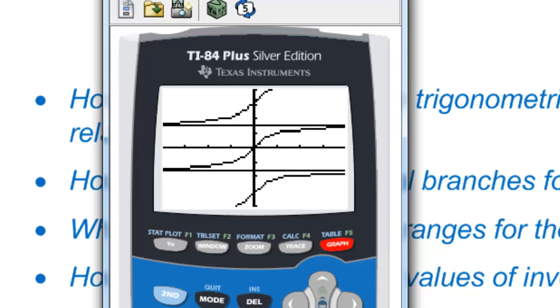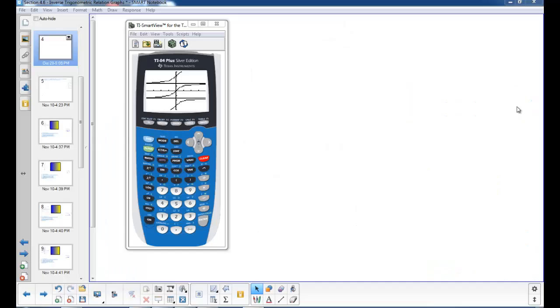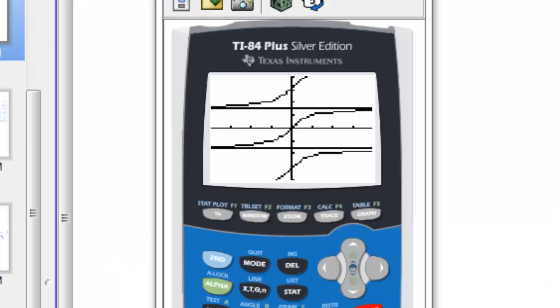We'd like to come up with some logic as to which of these repeating branches we're going to see when we plot the inverse in function mode. Now let's look at how the calculator determines an answer when we input an x value into an inverse trigonometric relation. If we look at the graph of the arctangent, we can see that if we ask for the y value when x equals, for instance, 1, we get multiple possibilities as an answer.